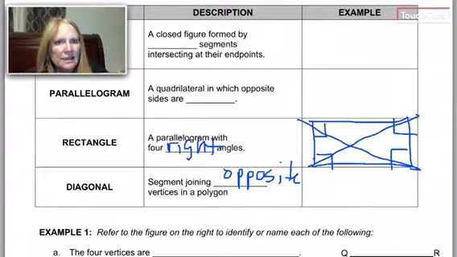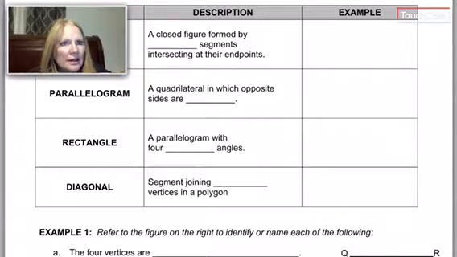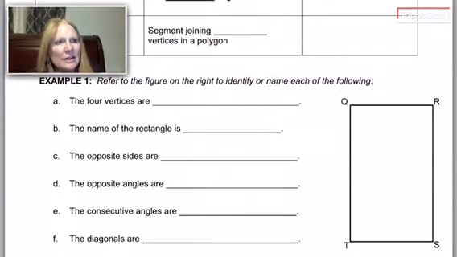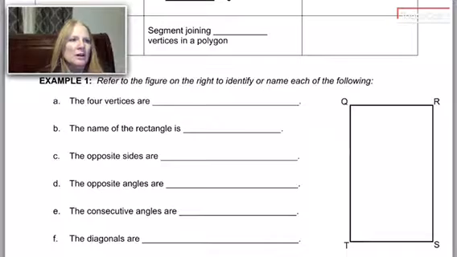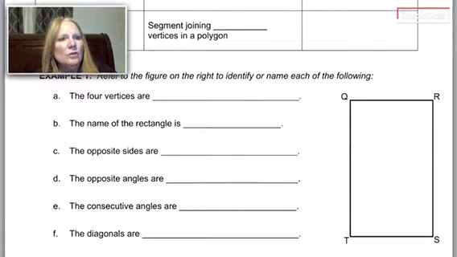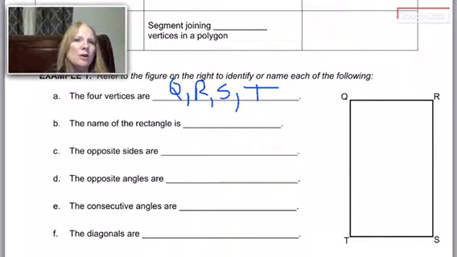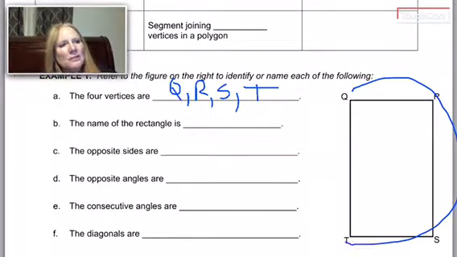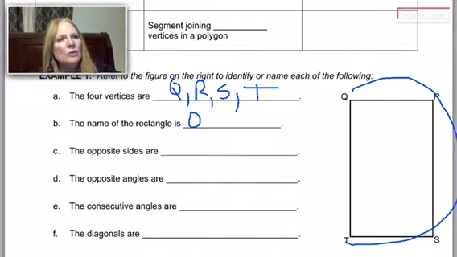Okay, so now we're going to look at example 1 and look at how to name these different parts of a rectangle. So first, the vertices are just the points in the corner. So we have Q, R, S, and T. The order doesn't matter at all, but when you name the rectangle, you do not use a comma, and you go in either clockwise or counterclockwise, but I could say rectangle QRST.